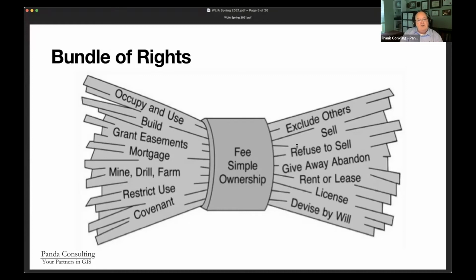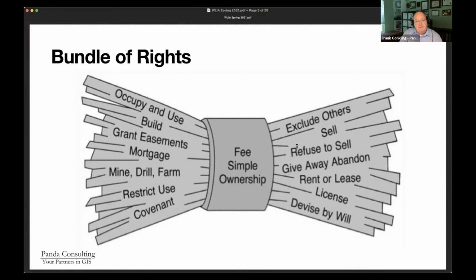And it's come into the United States, where most of the original patents, most of the original conveyances of rights out of the United States government or out of the individual states, what we commonly call the sovereign, they never really give you all the rights. They only give you certain rights.